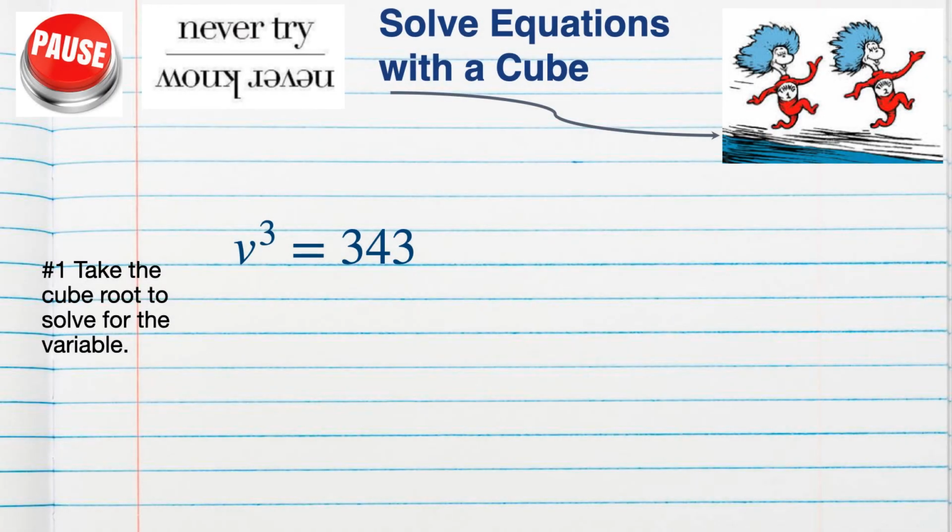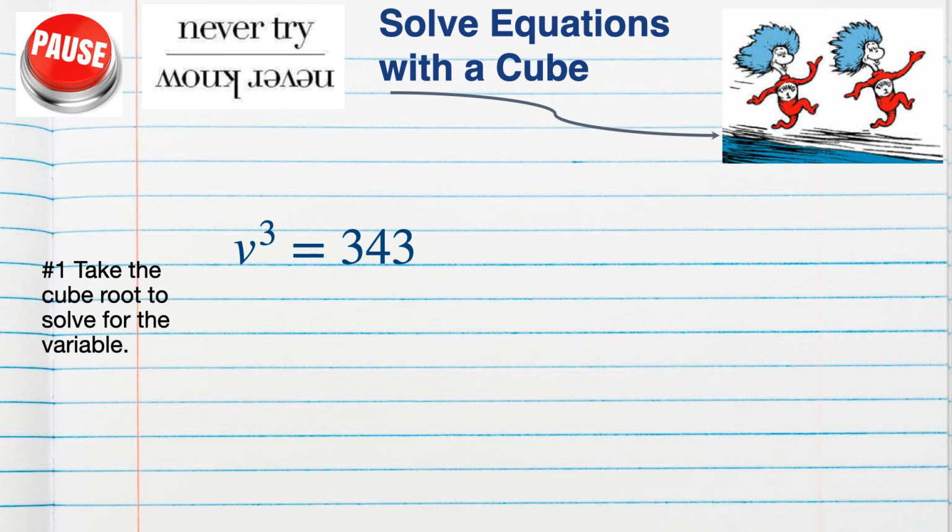You're going to be solving for v cubed, which is equal to 343. Please pause the video and come back. All right, did you start by identifying the variable in the equation? Good.